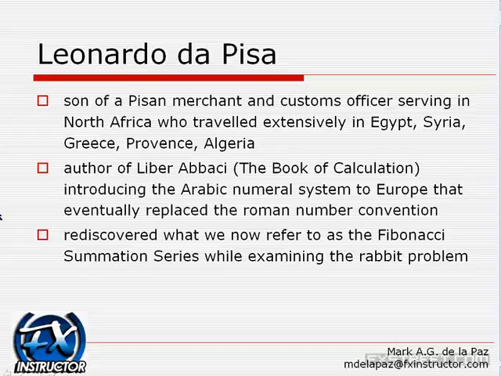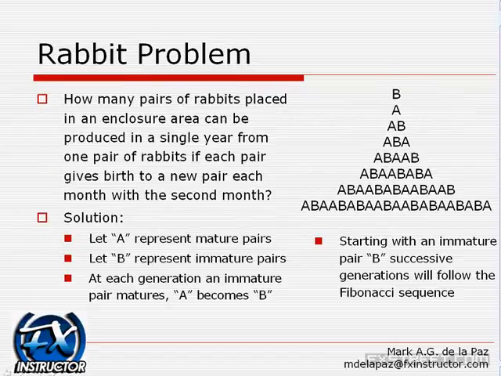He also discovered or rediscovered the Fibonacci summation series. For traders, the more important work of da Pisa was the rediscovery of the FSS. He did this by examining the rabbit problem. So what is the rabbit problem? The rabbit problem is essentially a ridiculous question.